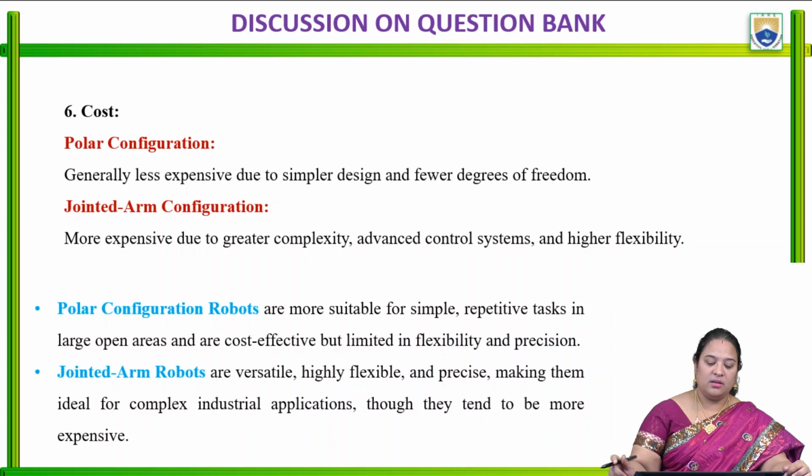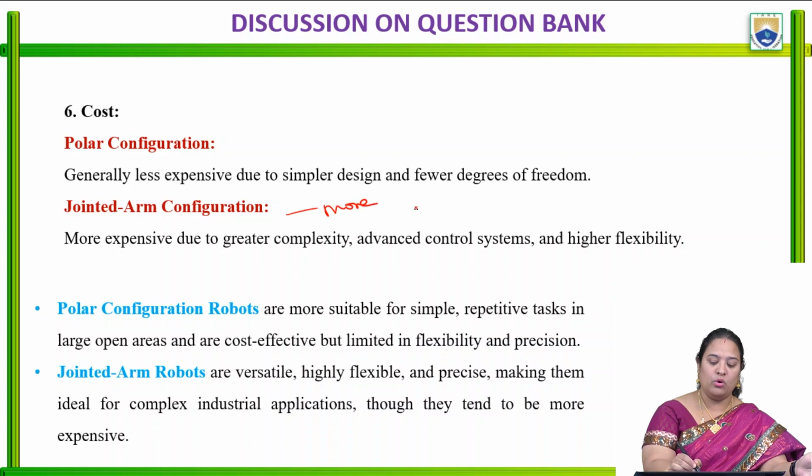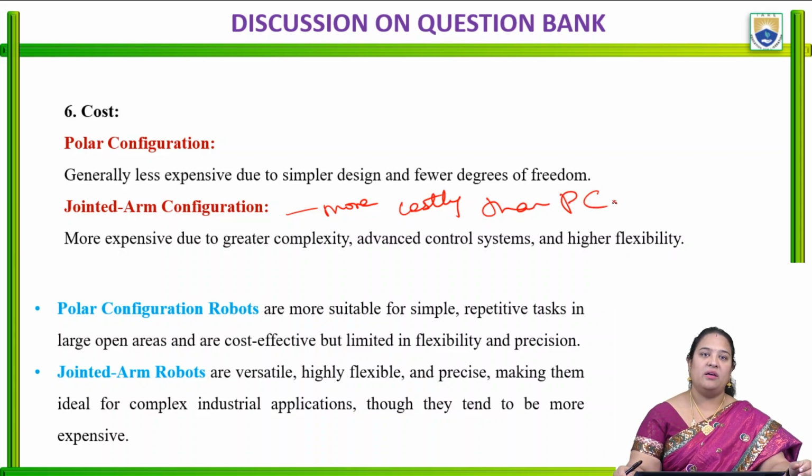Coming to the cost, the polar configuration is less costly compared to the jointed arm because it is simple in construction and has few degrees of freedom, whereas the jointed arm configuration is complex in construction, highly flexible, and has more advanced control systems, due to which it is more costly than the polar configuration.